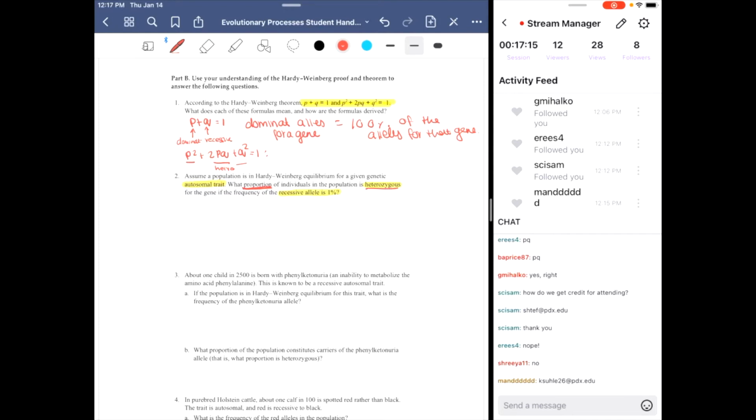So from that, we know that we're looking for the 2pq because that's what represents the heterozygous. And it's also giving us the frequency for the recessive allele. So let's just arbitrarily say that D is dominant and little d is the recessive allele.